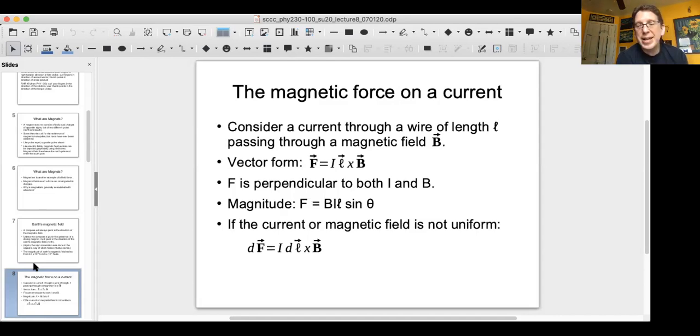If the current or magnetic field is not uniform, you multiply I by the differential length element dL cross B, and then do the integration. So you evaluate the cross product first and then do the integration. We'll see something like that come into play when you're figuring out the magnetic field due to a current.